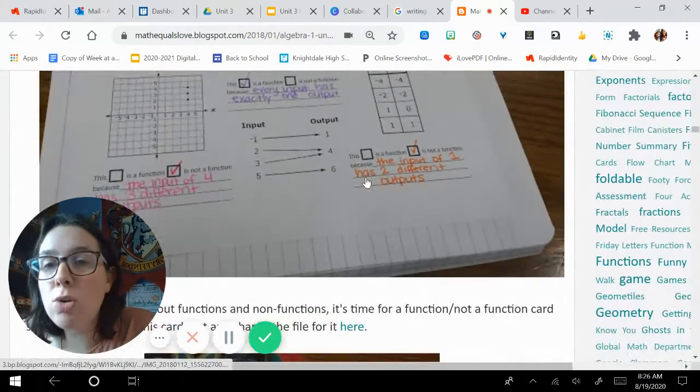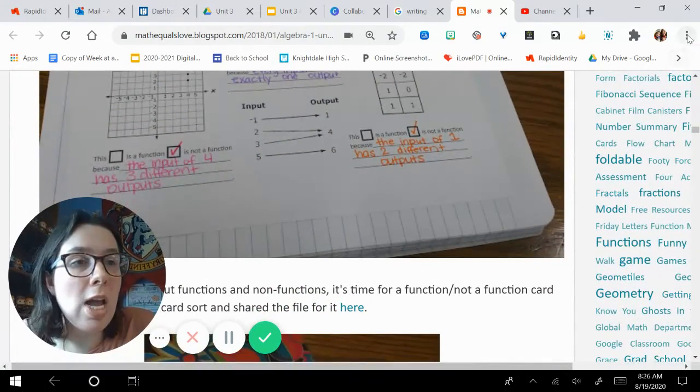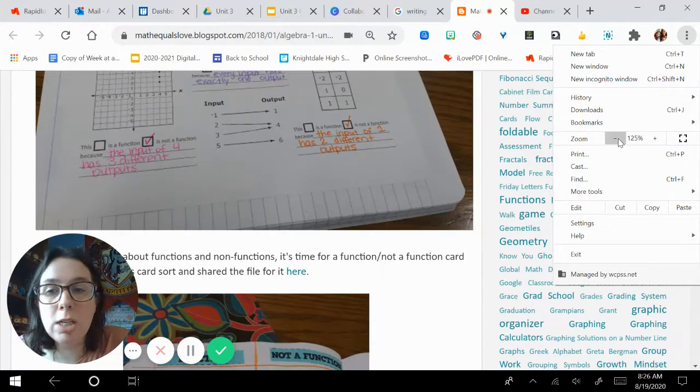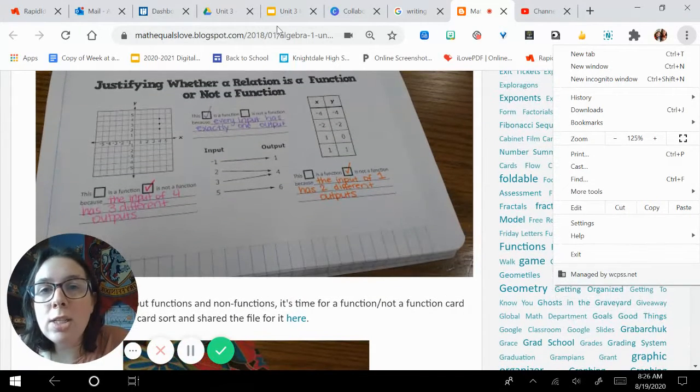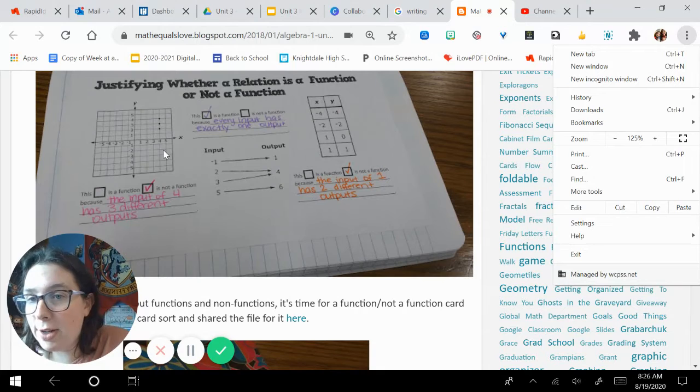All right, going to what's actually in this slide. There we go. So we have right here: define whether a relation is a function or not. Remember, functions cannot have an x that repeats. So we're looking at a graph first. Is this a function or not a function?